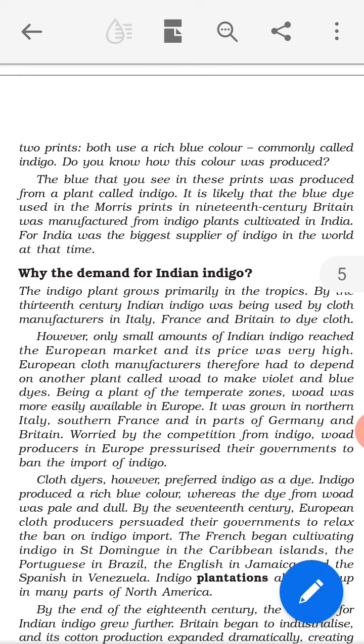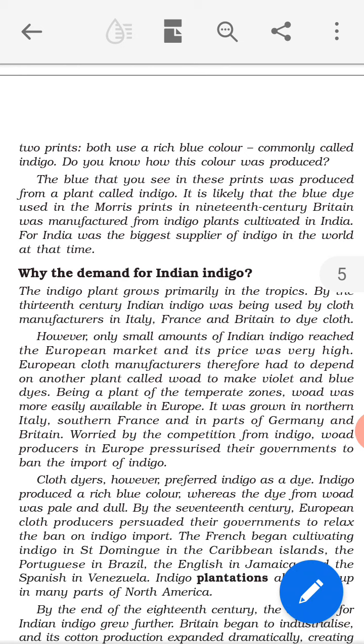For India was the biggest supplier of indigo in the world at that time. At that time, our country, India, was the biggest supplier. We supplied indigo in the world to the European traders.